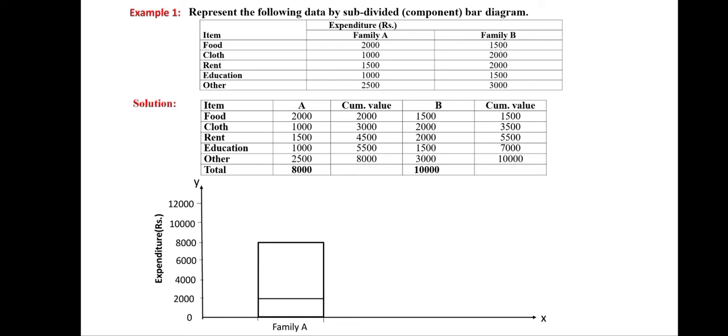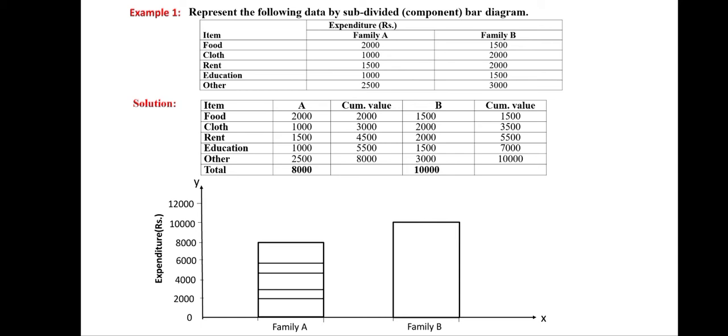Okay, and next, the clothing is 3000. So in front of 3000, draw a line. And next one is 4500, that is for rent. So draw a line at 4500. And for education, 5500. So draw a line at 5500. Okay, and the last one is 8000 here, that we had already drawn.